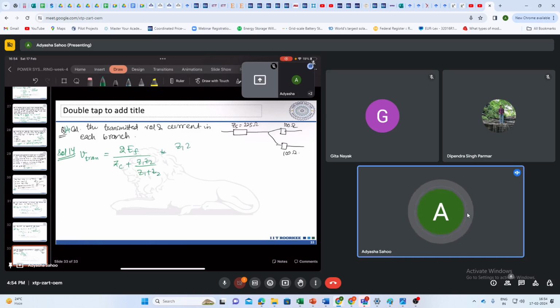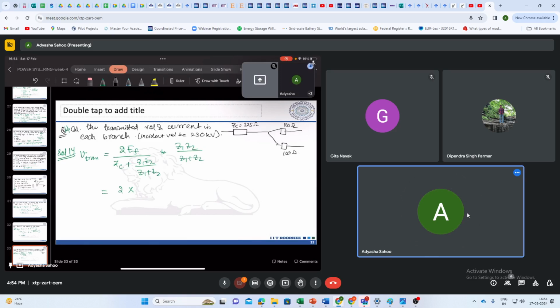So ZL is the parallel combination of these two, or we can say it is simply 100 by 2, right, because they are the same. The incident voltage is not given yet, so let the incident voltage be 230 kV.